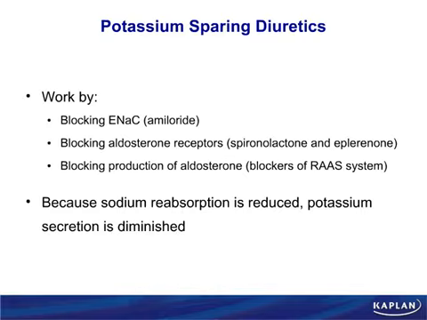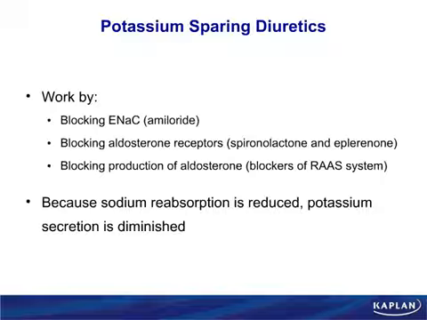Eplerenone is more specific for the aldosterone receptors than spironolactone. Spironolactone will block other androgen receptors as well as aldosterone, and that's why a common side effect of spironolactone is gynecomastia in men, whereas eplerenone is more specific for mineralocorticoids and will not cause gynecomastia.